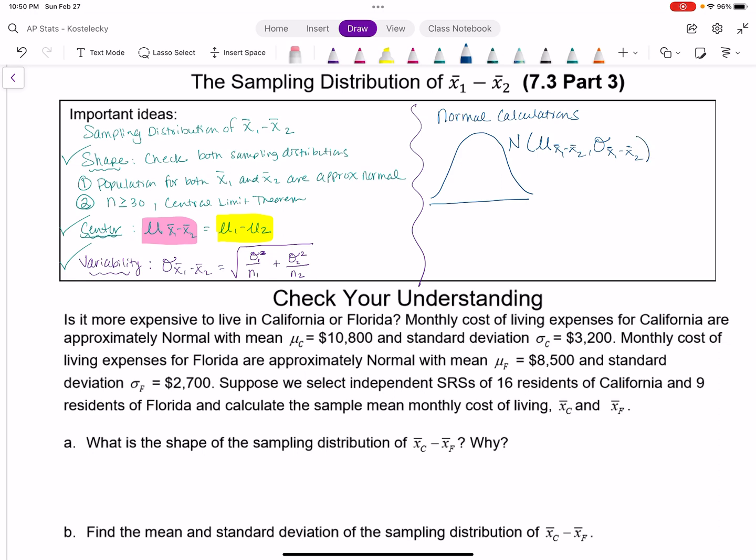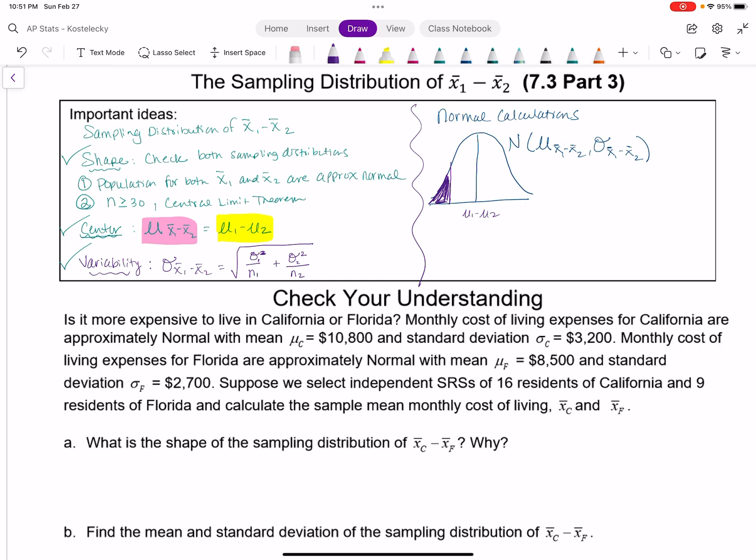All right, so you're going to label your normal distribution. Your mean is going to end up being the mean of 1 minus the mean of 2, that's going to give you your mean. And then your sample is going to be the x bar 1 minus x bar 2. And typically normal distribution shaded to the left. If you need it to the right, then you do 1 minus your area.